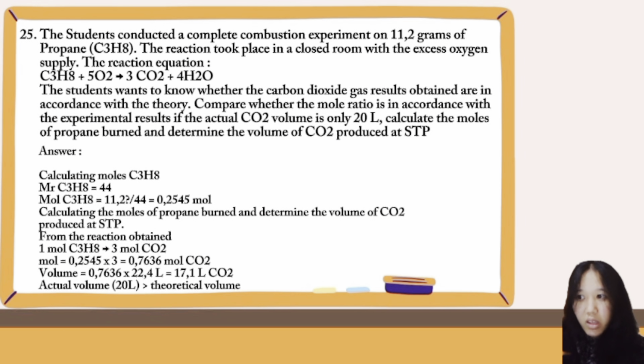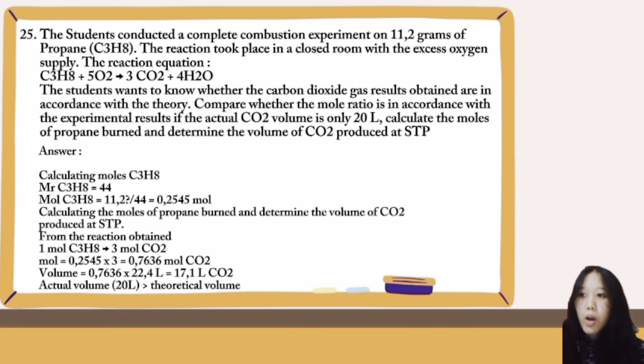From the reaction obtained, 1 mole of propane equals 3 moles of carbon dioxide. 0.2545 mole equals 0.2545 multiplied by 3, which is equal to 0.7636 mole of carbon dioxide.